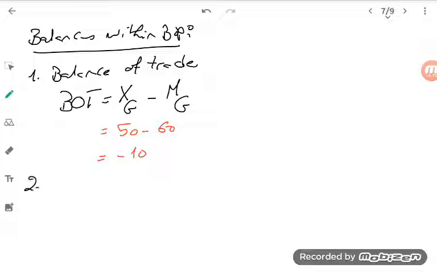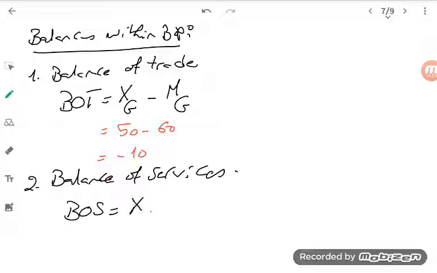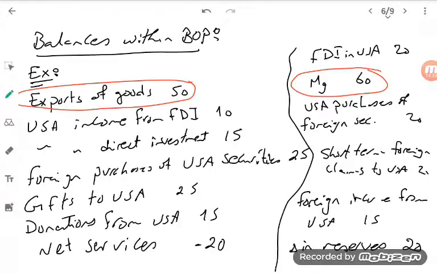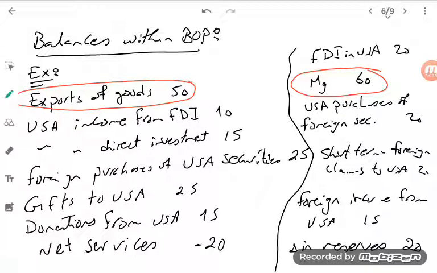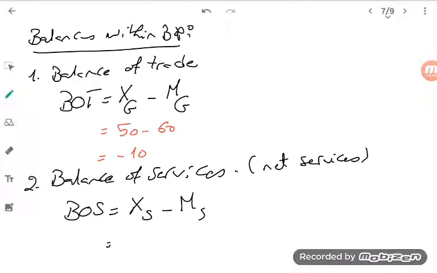Number 2, balance of services, calculated as export of services minus import of services. It's also known as net services. In our example, net services is negative 20, so it's already calculated.